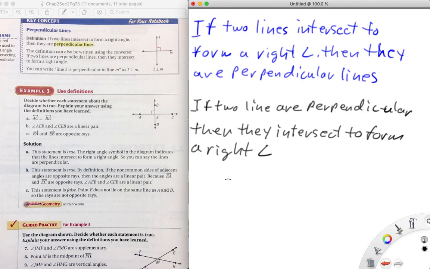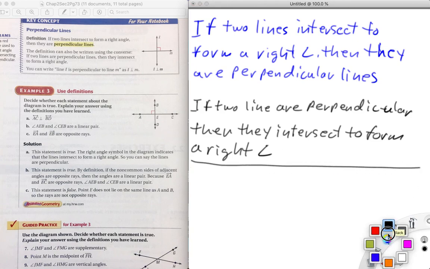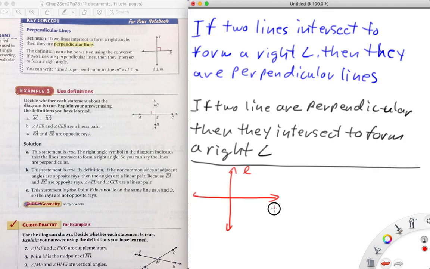There's a symbol, right? So if we look at the situation, we have a line, and it is line L. We have another line, line M, and it forms a 90-degree angle.